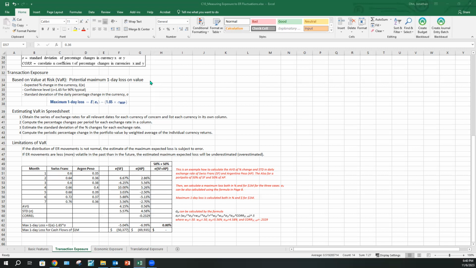Now, when you talk about risk diversification by including multiple currencies, multiple assets, multiple stocks, an important measure of the risk diversification impact is the correlation coefficient.